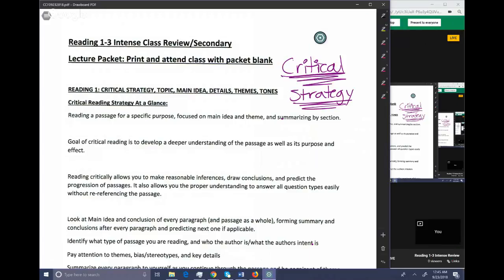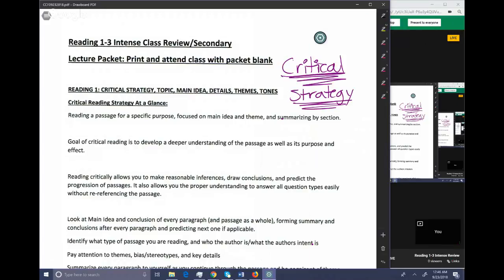I get a lot of questions like, it's taking me way longer to do that, or, I'm not necessarily getting the right main idea from the intro paragraph, so is it worse for me to keep using the strategy if I'm getting a main idea wrong? So I get a lot of questions about critical strategy.